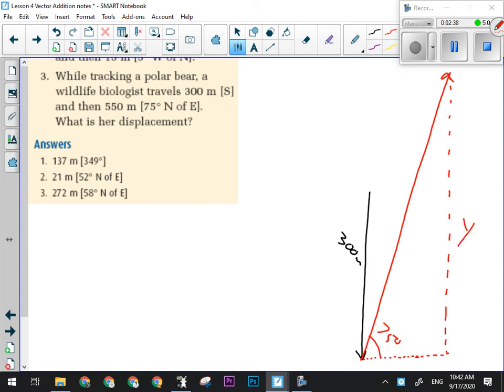This would be y, this would be x, and this is 550 meters in length. Okay, that means my resultant goes from my initial position to my final position. Okay, so my diagram should look something like that.